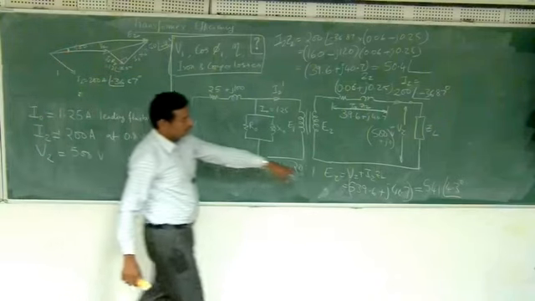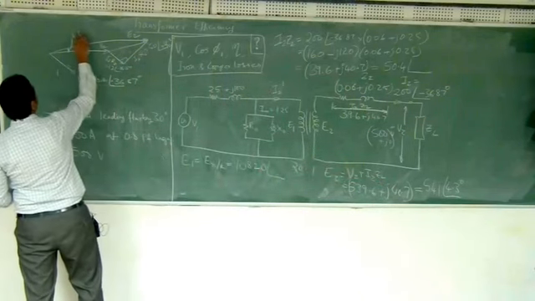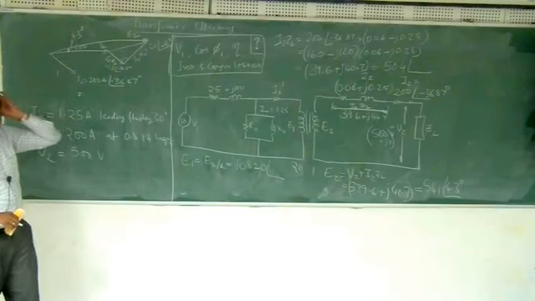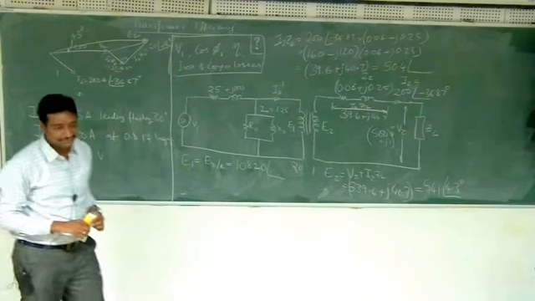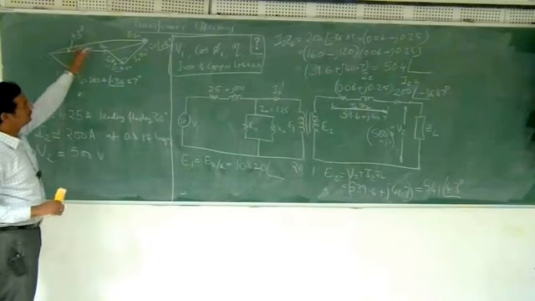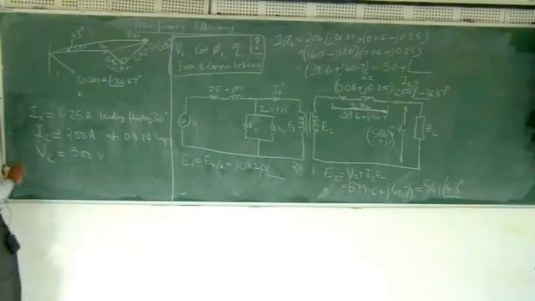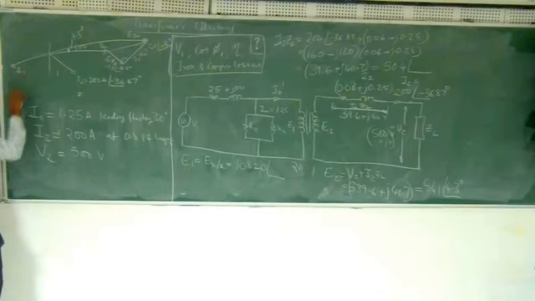How much will this angle be? We calculated 4.3 degrees, so try to get the feel of that. This angle will be 4.3 degrees, so E2 is leading V2 by 4.3 degrees. Now where will E1 be? You can argue it will be in phase with E2 or exactly opposite to E2. So I draw a plus sign here, and I get E1 exactly on the opposite side of E2.